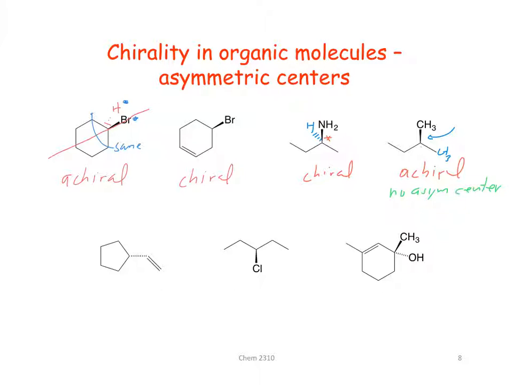All right, what about the bottom left? All right, so this one is, what do you think, is achiral as well. Remember that we could rotate around this, so there would be a plane of symmetry right through here. If we rotate that double bond right into that plane, then it has a plane right down there. And it also has no asymmetric center.